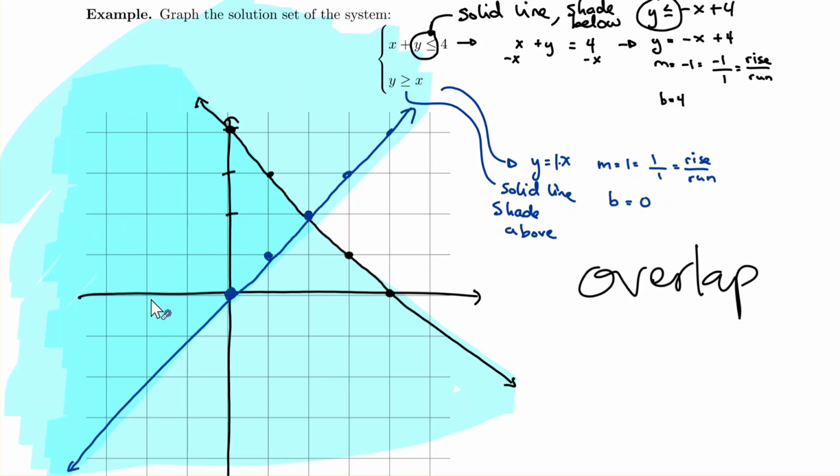So this region here, I'll try to outline it, shows the overlap section. Our entire solution is this region that I'm highlighting here. If we want to make that more clear, we can shade it again to make the distinction clearer that our solution is just this overlap section.